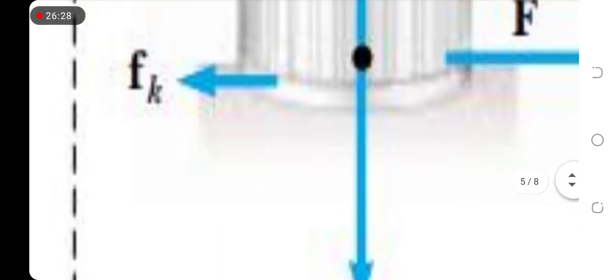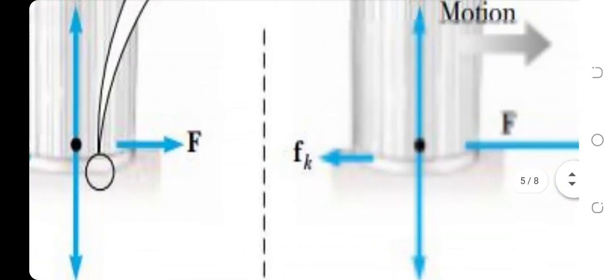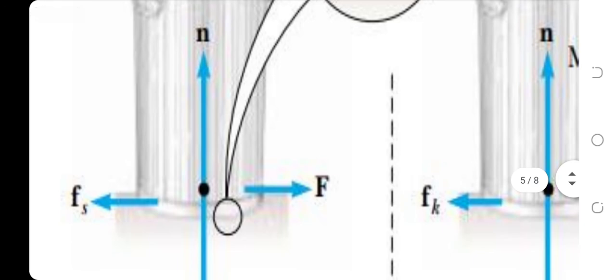We see the second diagram. Here one thing is new. Fk is the force that is shown against the applied force. Here Fs and Fk, these are two forces of friction.